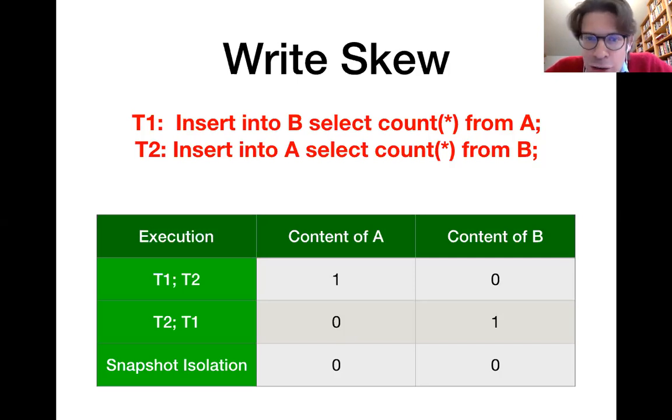Now the first transaction runs and it inserts into table B the count of rows in table A. And since we have just inserted a row into table A, it would mean that we insert a 1 into table B.